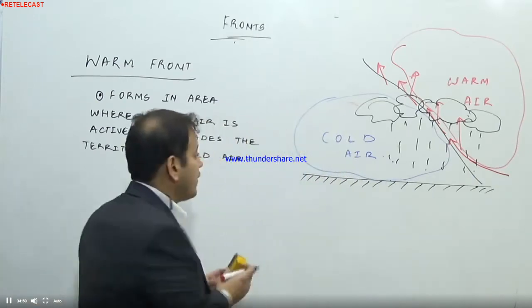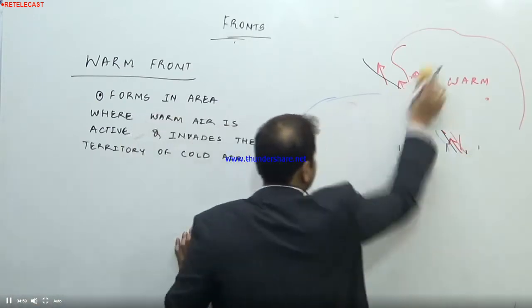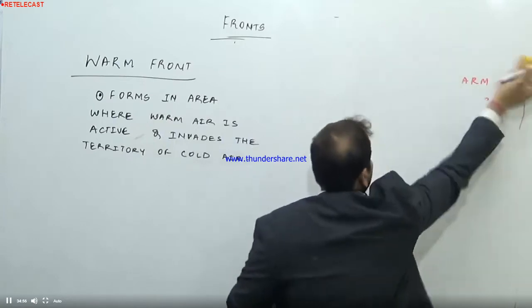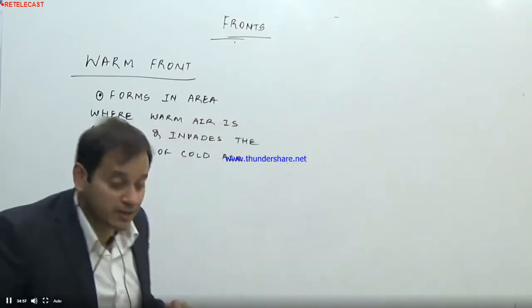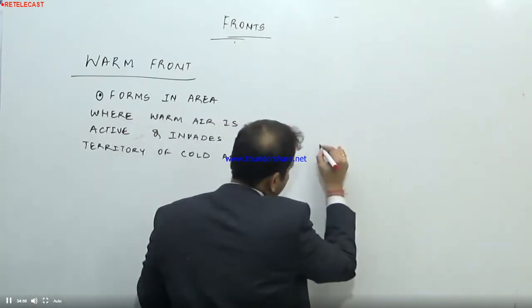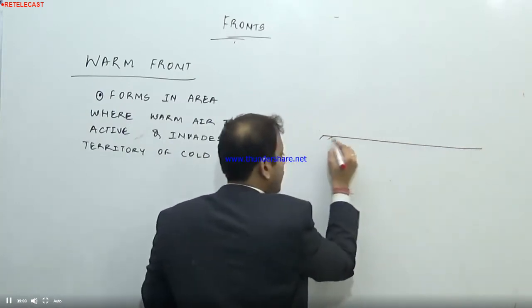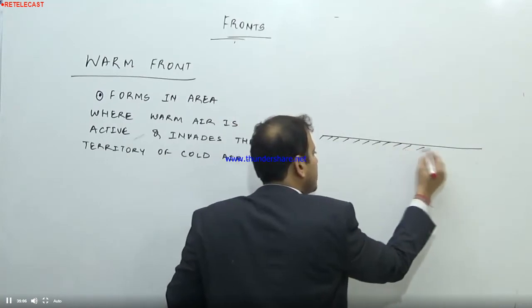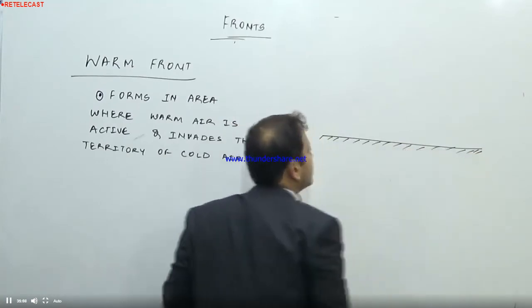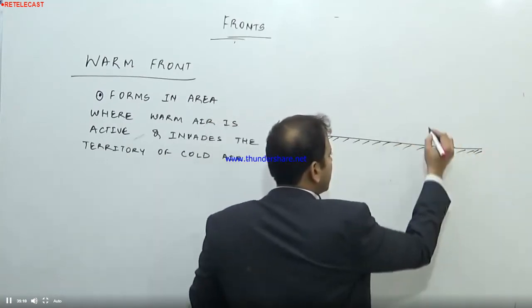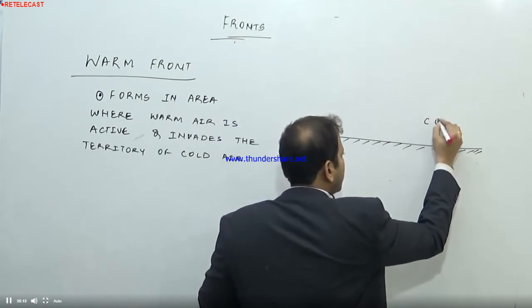And to show it geographically, in the examination you should draw the diagram which I am drawing now. That is what occurs in the warm front. So this is the ground surface, this is the cold air here.